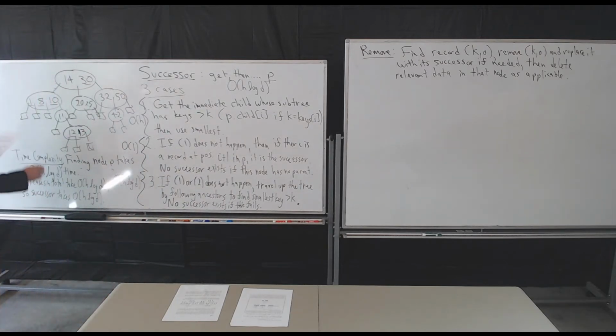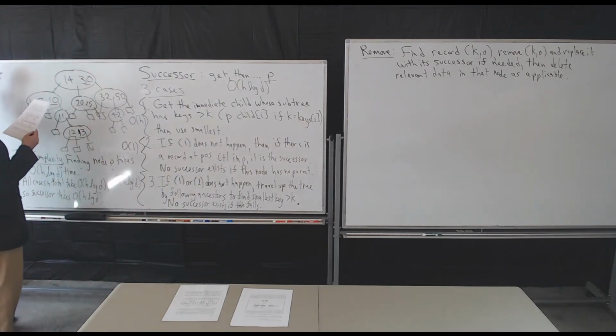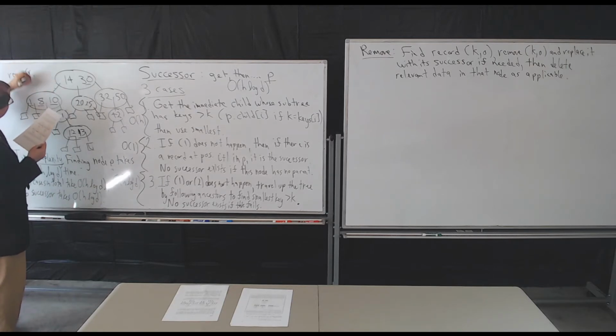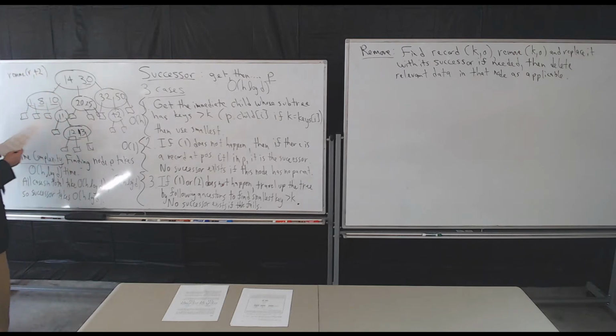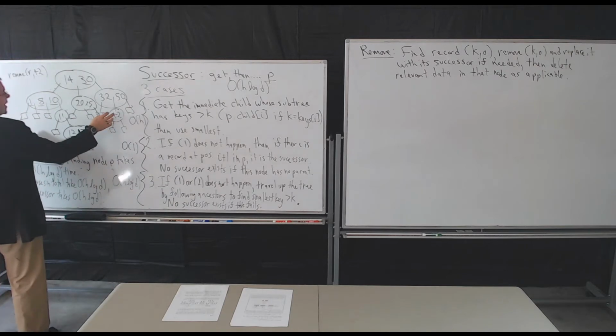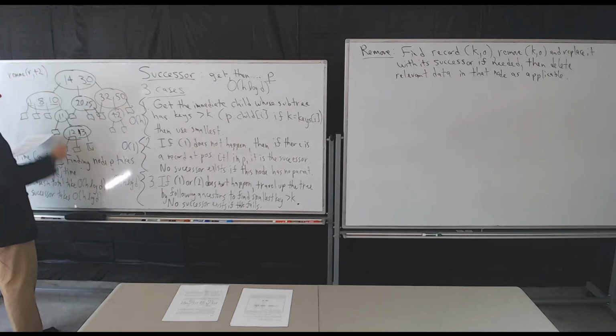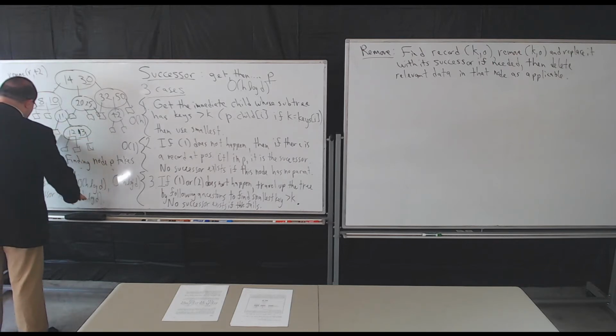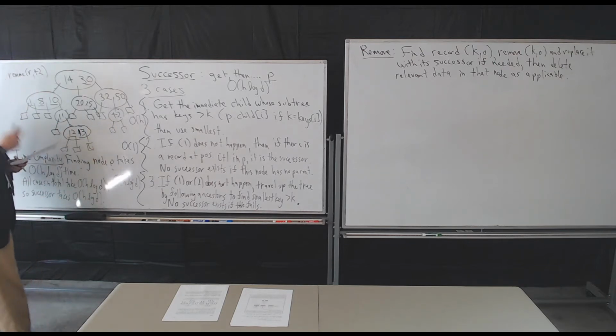So I perform, let's try doing a remove on 42. So let's try removing 42. So I call remove, I give you R, and I pass along 42. So what do I do? 42 is right there, right? So I just use get, I find this node, and I find the record. Then what I do is I just delete it, right? What kind of case was this? Remember, I had two cases.